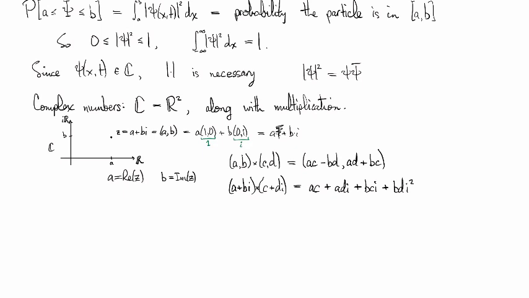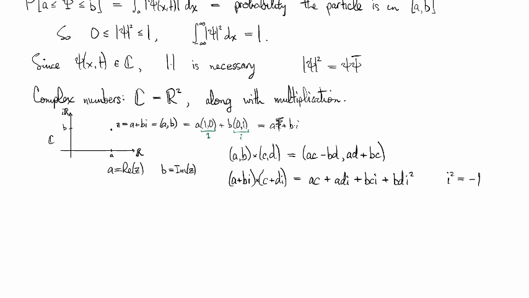And then you realize, oh, i squared is minus 1 by definition. And so if I collect up the real and imaginary parts, the real part will be ac minus bd, and the imaginary part will be ad plus bc. And so that's where the multiplication formula comes from.